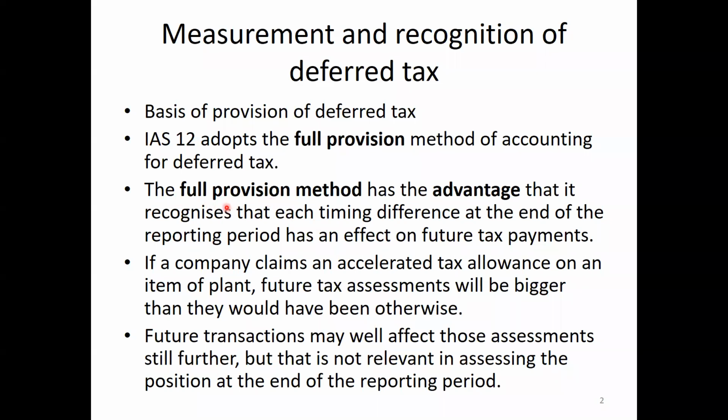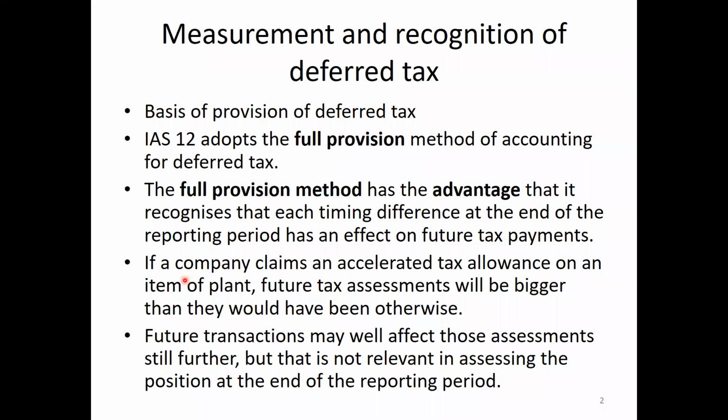So we are using the full provision method. If a company claims an accelerated tax allowance, it means our tax rate is 20%, but the government gives us 30%. So we can deduct more expenses for tax purposes.